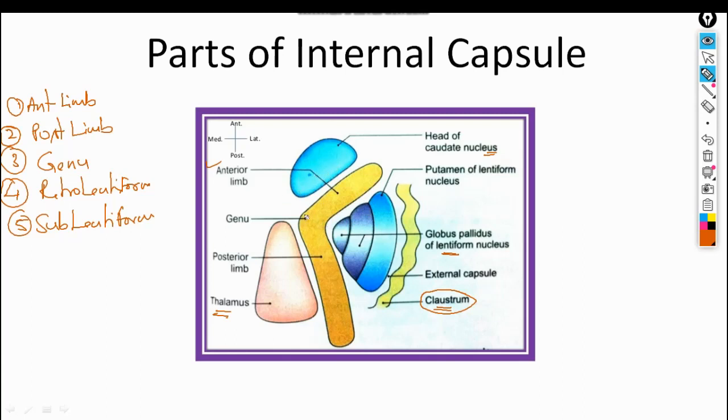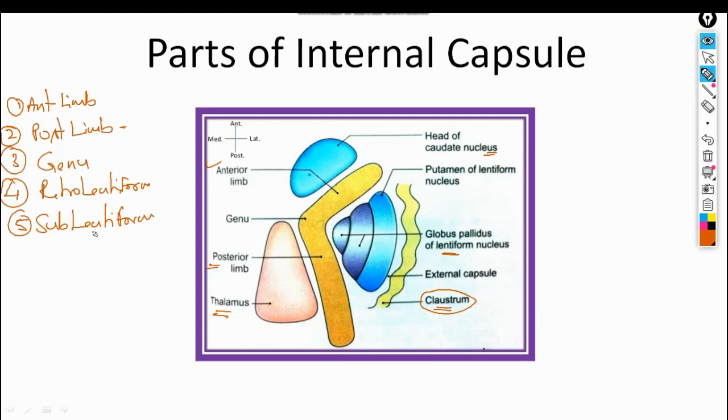Then the genu is present between the anterior limb and the posterior limb of the internal capsule, and you can see the concavity is directed laterally. Then the posterior limb is present between the thalamus medially and the posterior part of the lentiform nucleus laterally.